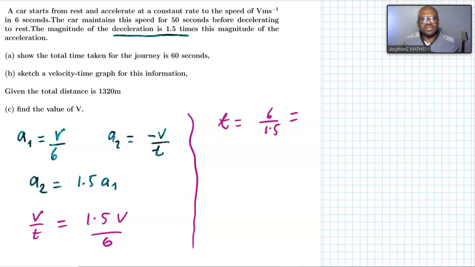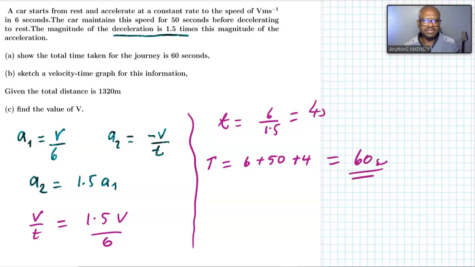It gives you 4 seconds. And for the total time taken, we know that big T is going to be 6 seconds plus the 50 seconds plus the 4 seconds, and it's going to be 60 seconds as required. So we've been able to show that.